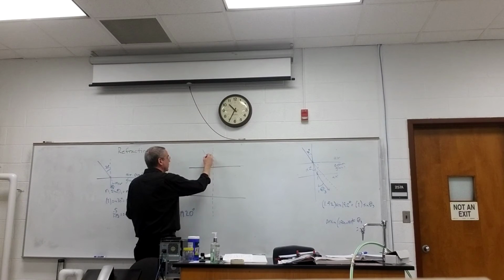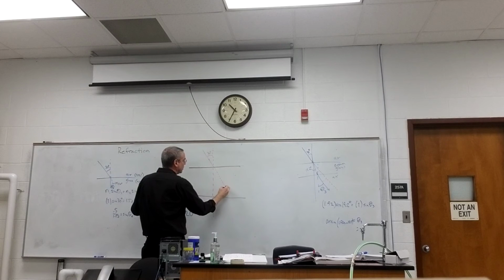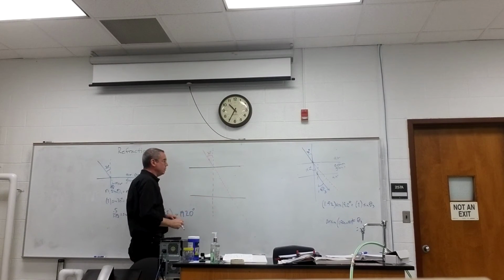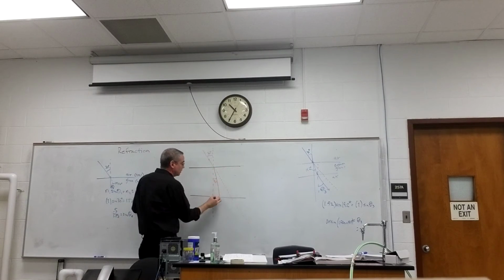So light's coming in here at our 30-degree angle. That's the path the light would have taken had it not had the glass in between. Then it shoots down at a 19-degree angle, 19.2 degrees.